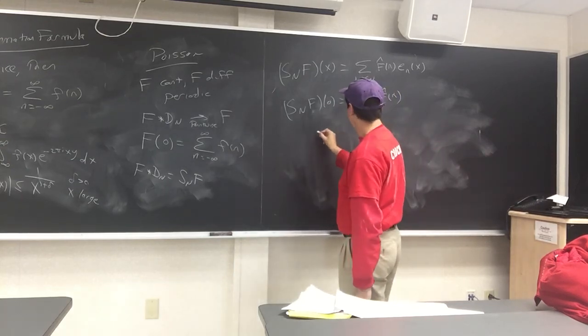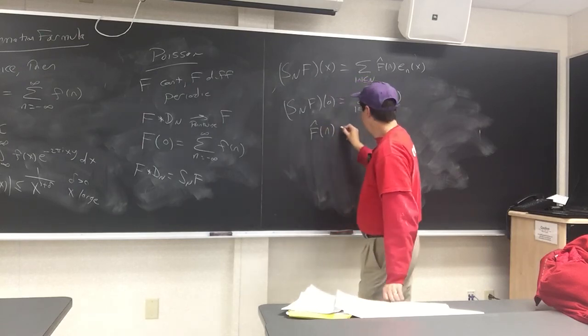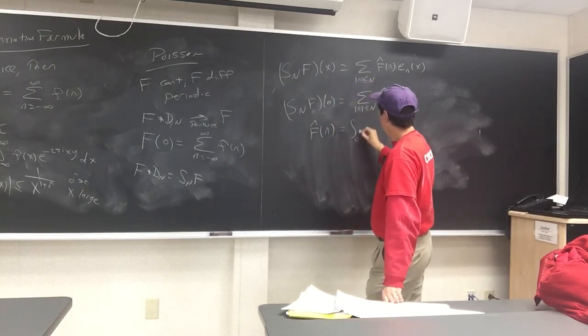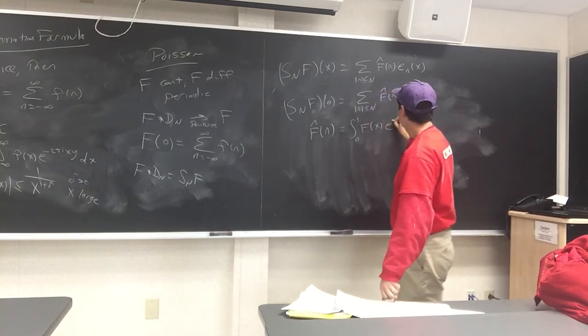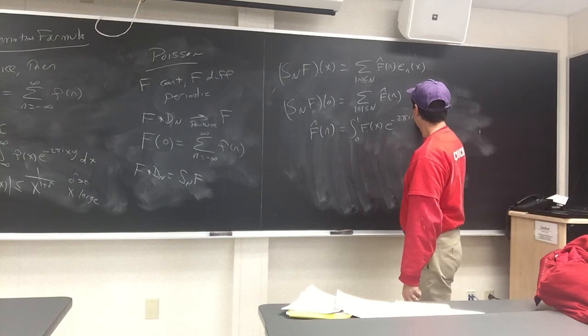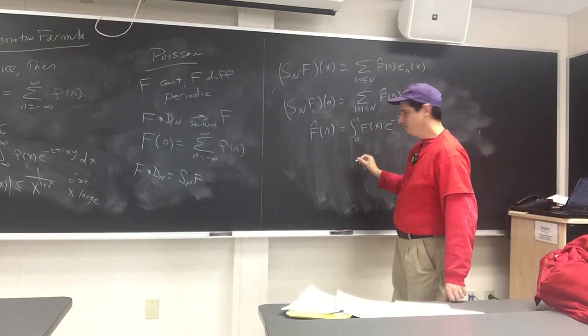So now we have F hat of n is the integral from 0 to 1 of big F of x e to the negative 2 pi i n x dx. But we know what big F of x is.